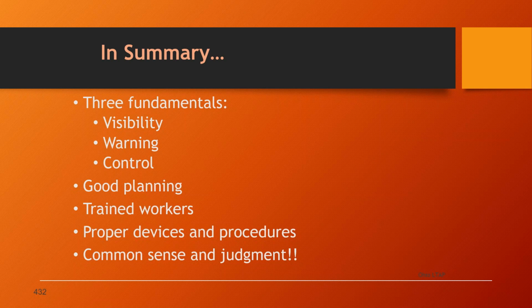And so, properly trained workers and the proper devices and procedures. And again, it says common sense and judgment. So, engineering judgment is discussed quite often in the manual. And so that's why it usually takes a team to discuss these, to think about many different things when it comes to street closures and what's needed.